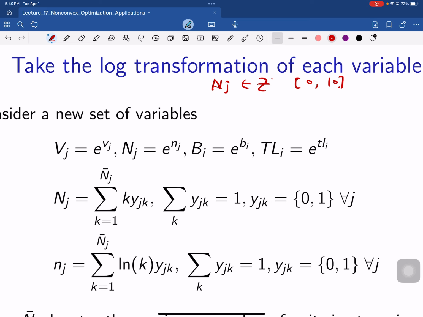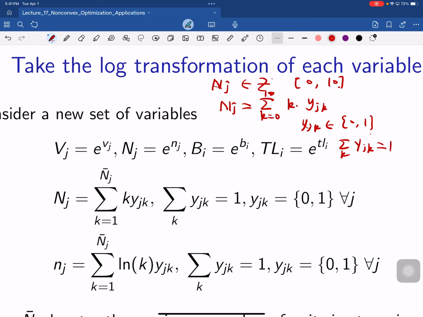It's an integer variable. Then you can replace nj by the sum over, let's say, k from 0 to 10, k times yjk, where yjk is 0, 1, and the sum of yjk equals 1.